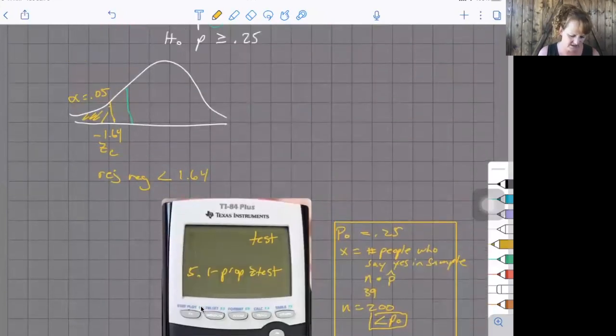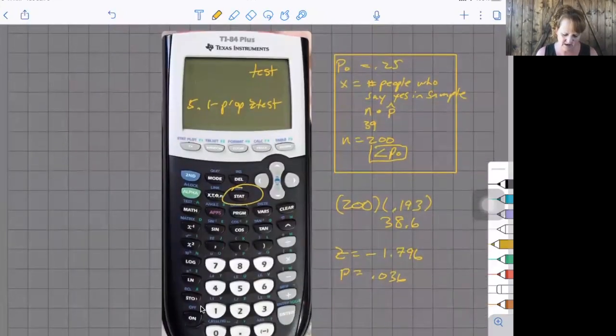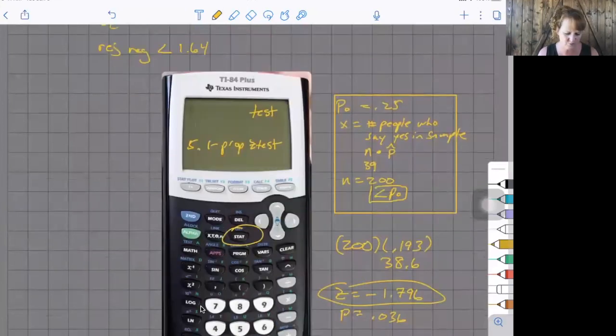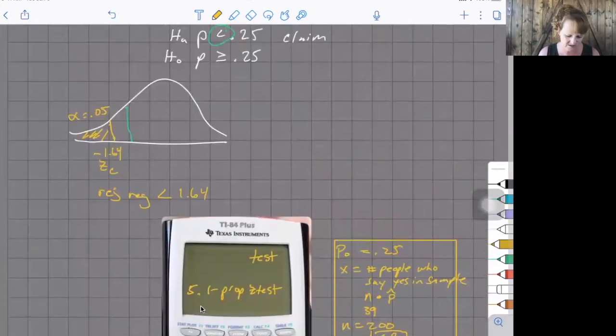So basically that means my standardized test statistic is going to be negative 1.796. So let's put that on here. That's right here. So I'm going to erase this because that's probably an inaccurate. That number is negative 1.796. So it's a bigger negative number, so it's more to the left.